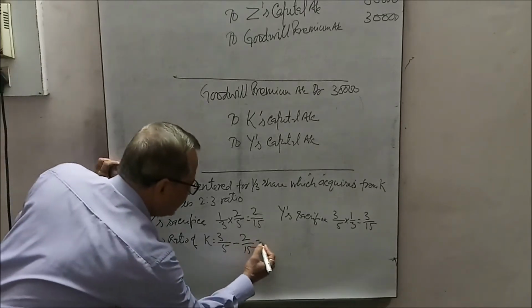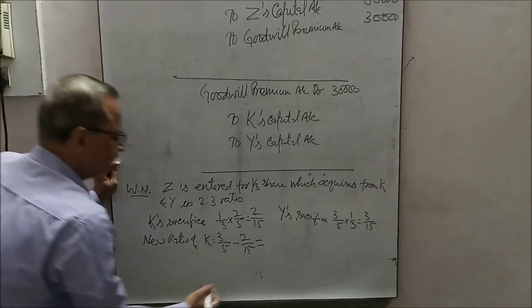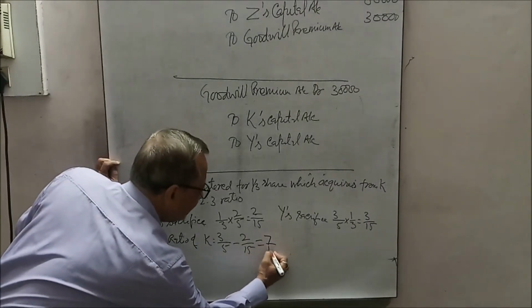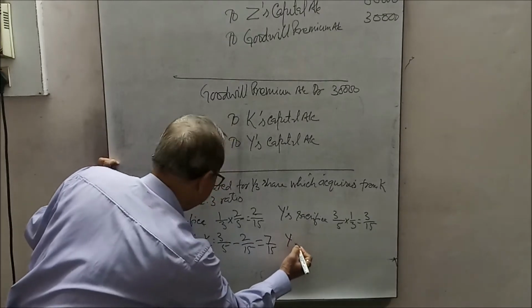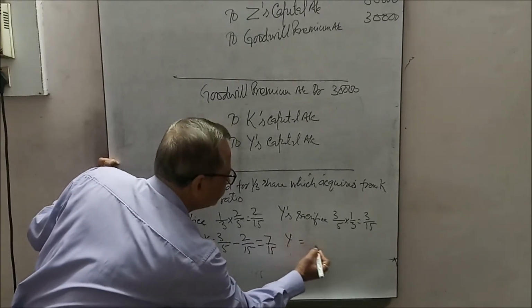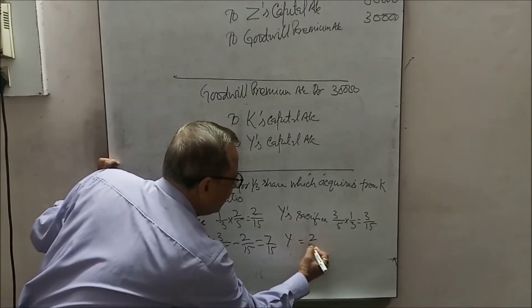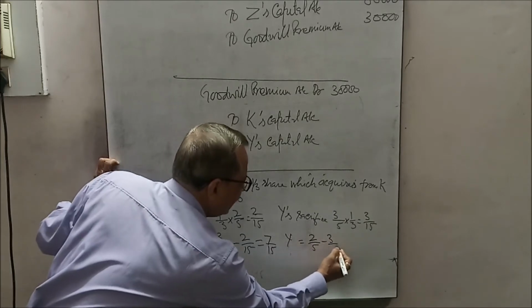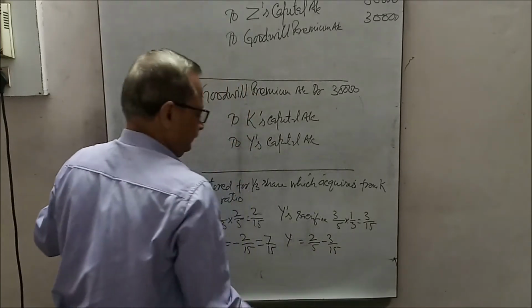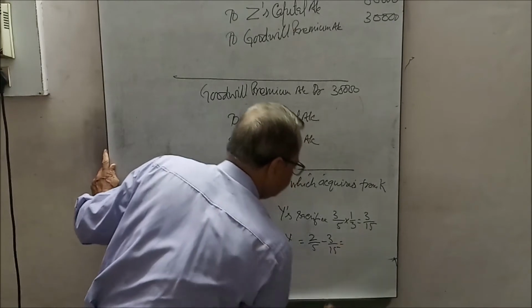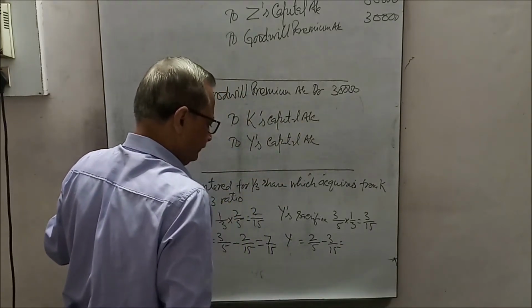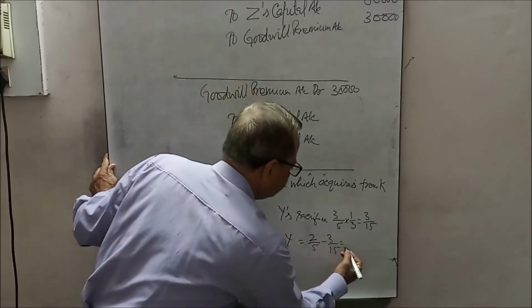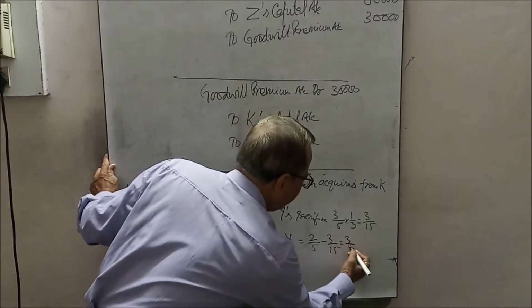So 15 is the LCM: 7/15. Y's new ratio is 2/5 minus 3/15, that is 3/15.